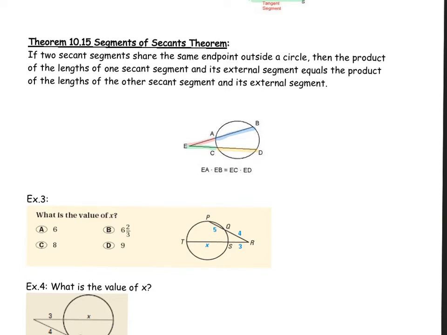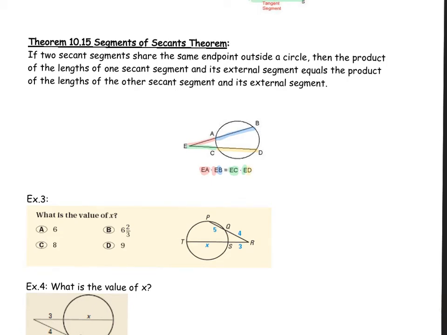So you take this external segment, which in this case is EA, and you multiply that to the entire secant segment. So that's the red part and the blue part in this picture. So you add those together to get the entire length. All right, and then you have the external piece of the other secant segment, and then you have the entire length of the other secant segment. So that's the green and the yellow together.